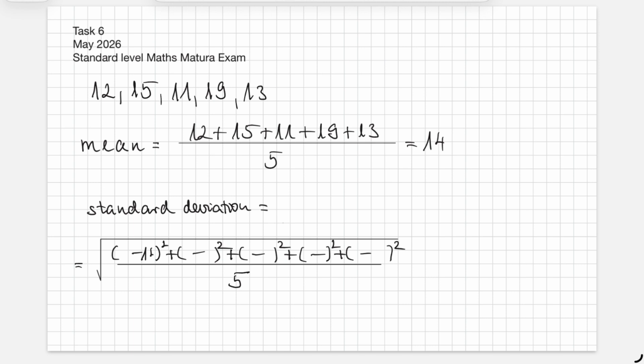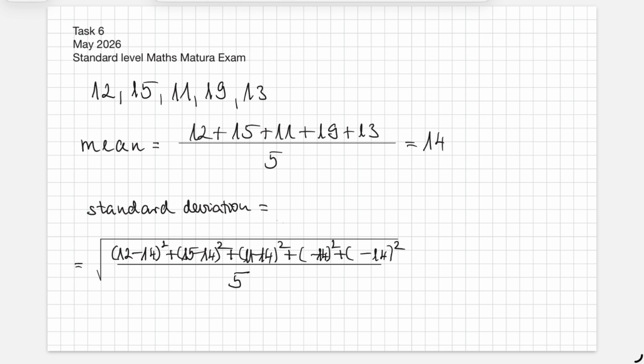So the differences are calculated from the 14. We need to substitute his scores, and then we will see their differences from the mean.